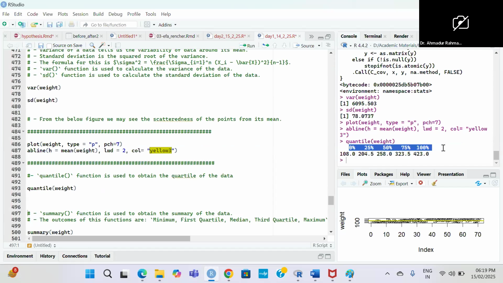First is 0, that means from here the value starts, that is 108. And then the first quartile, that is 25%. 25% means 108 to 204. इस बीच में इसकी 25% ऑब्जर्वेशंस हैं. Then 204 to 250.58, इस बीच में further 25% है.